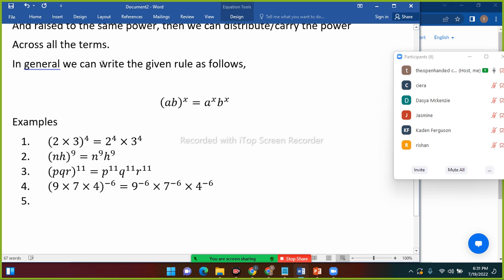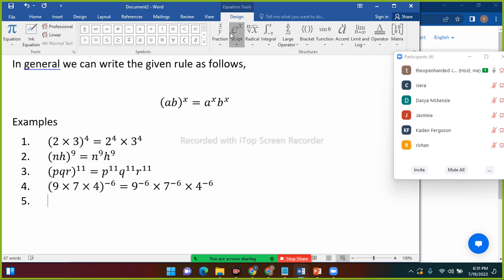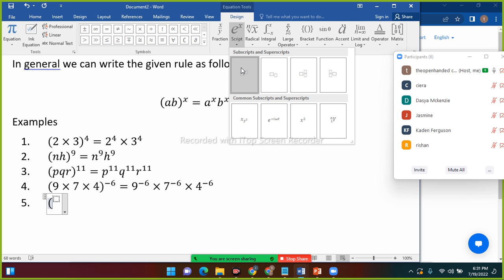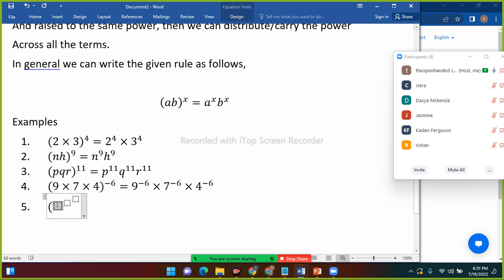This one is interesting. This one is moving a little ahead, but this could happen. So let's say we have m to the power of 3, right?